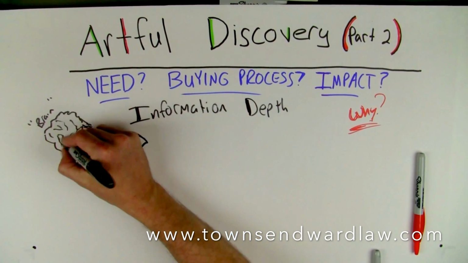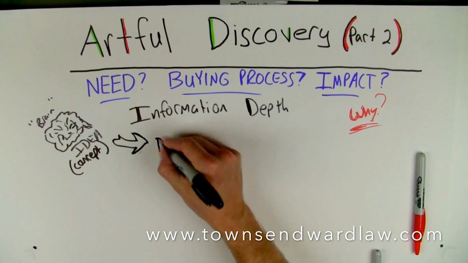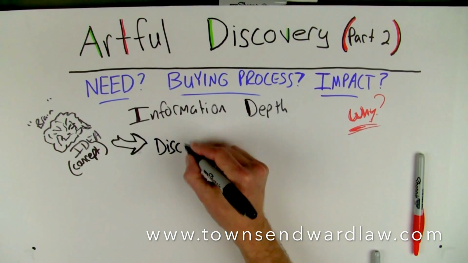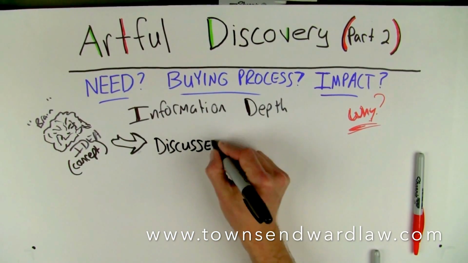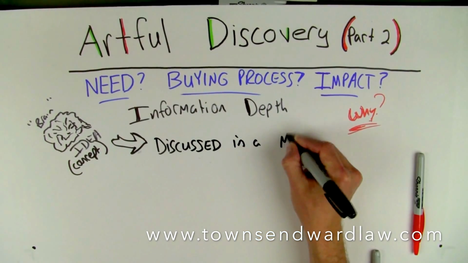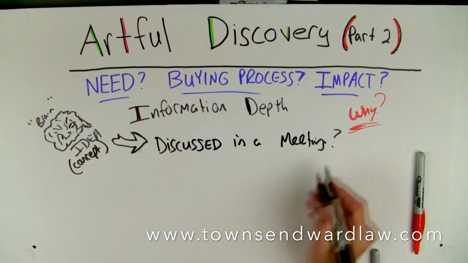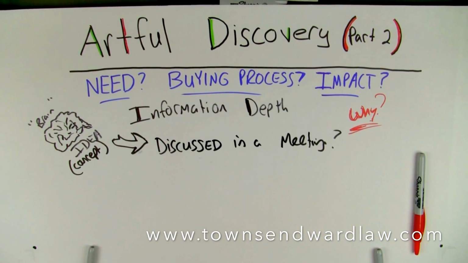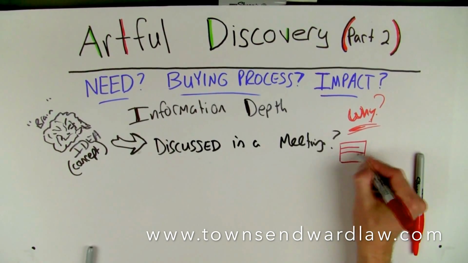Is it just the ideation phase, or maybe have we moved along further? Has this idea, has this problem that you are hopefully presenting a solution to been discussed in a meeting, right? And if so, where and when, right? Was it on the agenda someplace? These are discoverable questions. These are things you can ask.